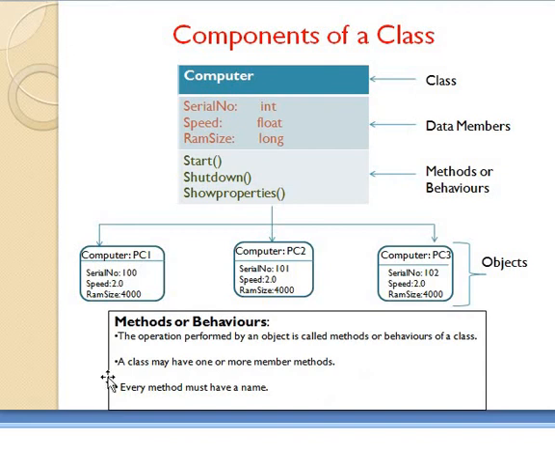The next component of a class in the list is the methods or the behaviors. The operations performed by an object are called methods or behaviors of a class. A class may have one or more member methods, and every method must have a name.